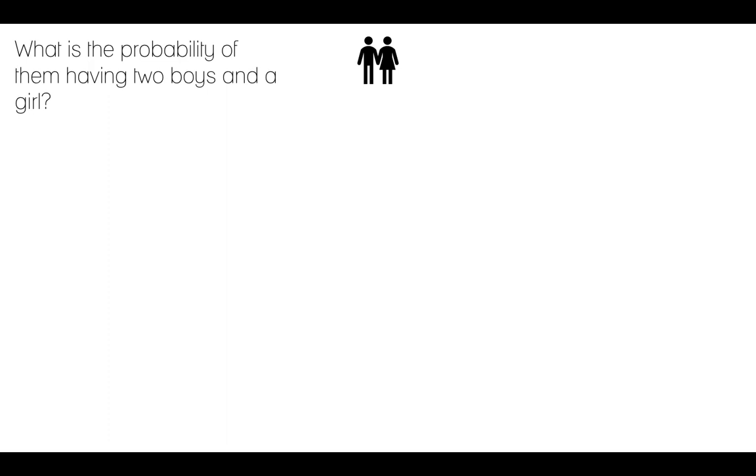Their first child is either going to be a male or a female child. Then if we go off our male, so we had a male the first time and we're going for our second child, the possible outcomes are again either a boy or a girl.